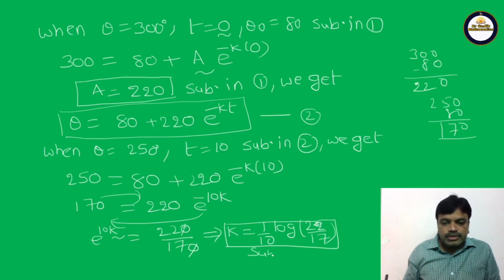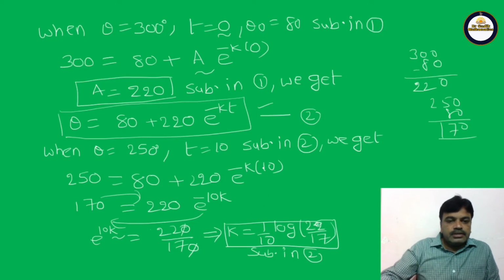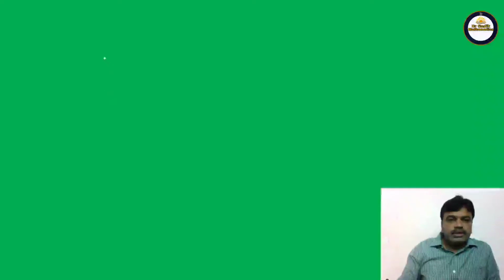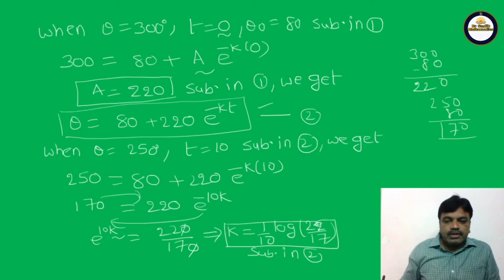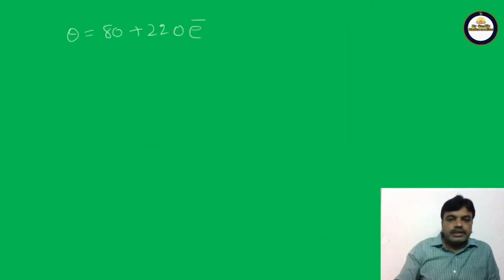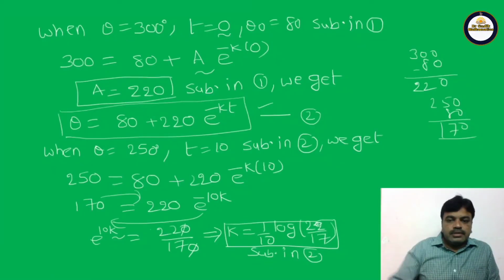Substituting into the equation, we get θ equal to 80 plus 220 e power −k value, 1 by 10 log 22 by 17, into t, friends.